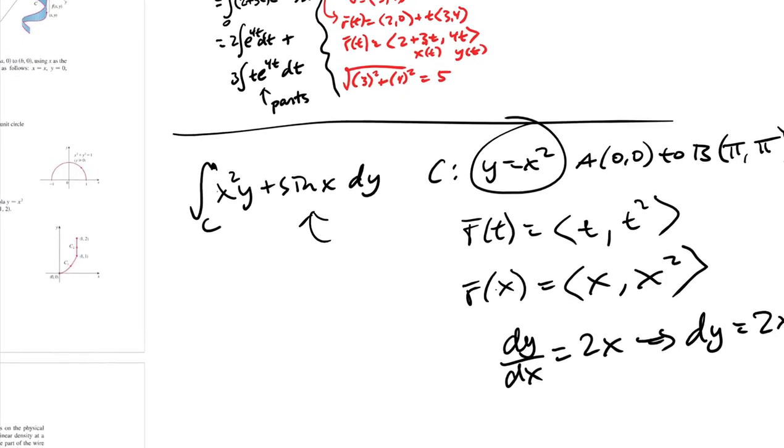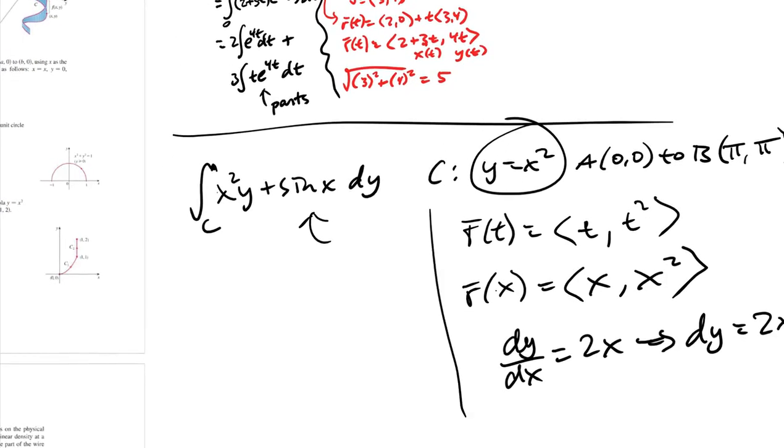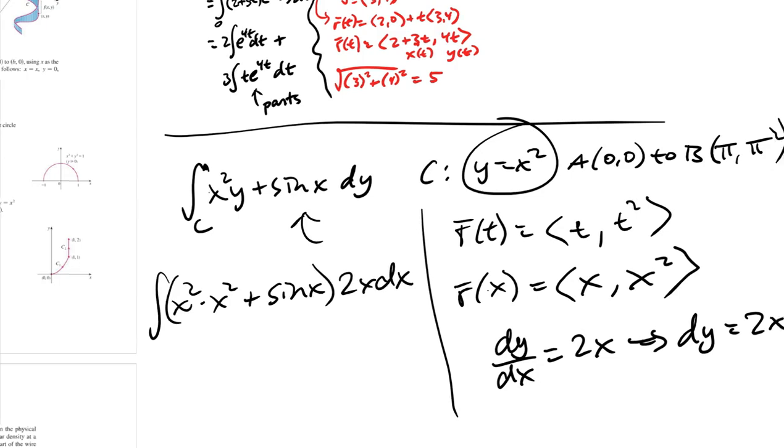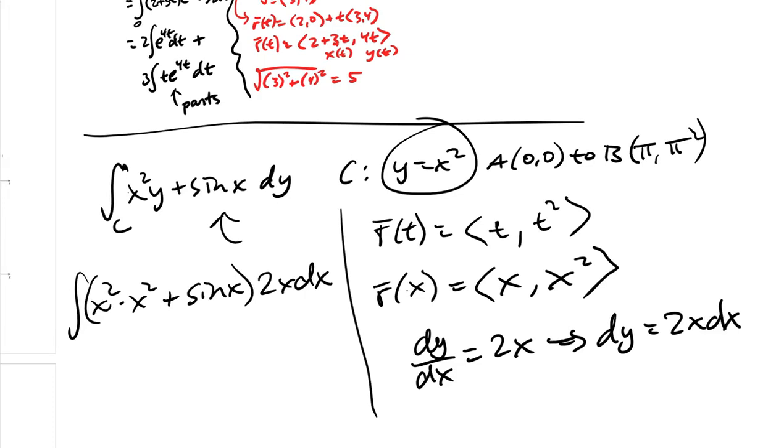So what we get is this integral becomes the integral of, good old x squared stays the same, y is x squared, plus sine of x. And then the dy part is, so it's all this, and then it's 2x dx. And then t is going from 0 to pi, or x is going from 0 to pi, so 0 to pi.